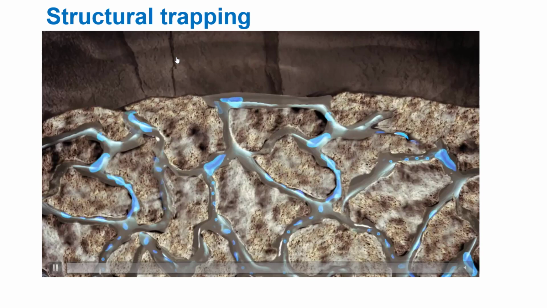Also, the CO2 is lighter than the surrounding fluid, so it moves upward. You can see from this video demonstration, the CO2 here will migrate upward beneath the cap rock. After it moves upward through the porous rock until it reaches the cap rock, this layer is a highly effective physical barrier which traps the CO2 in place.